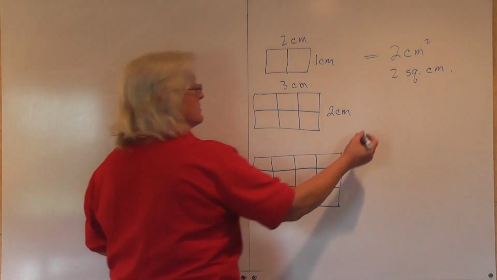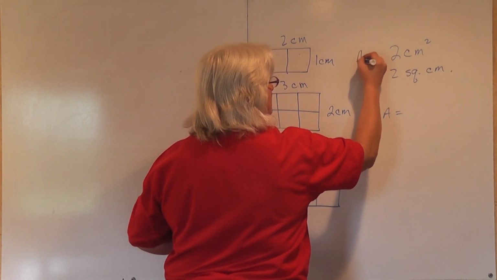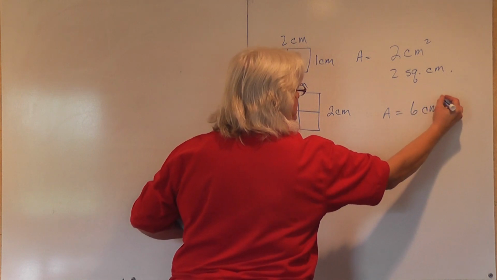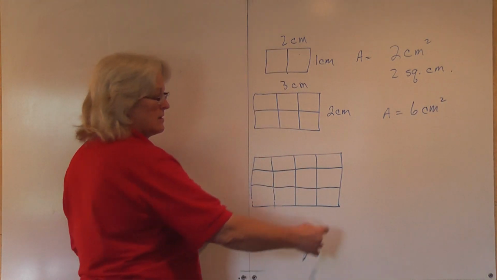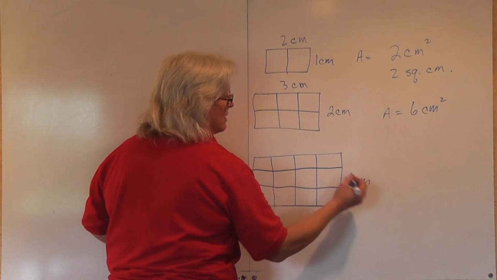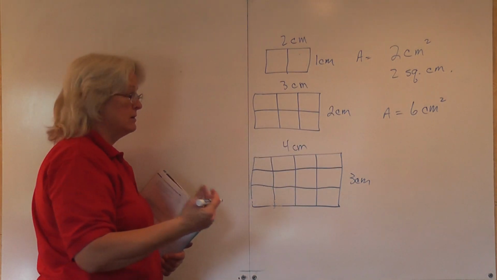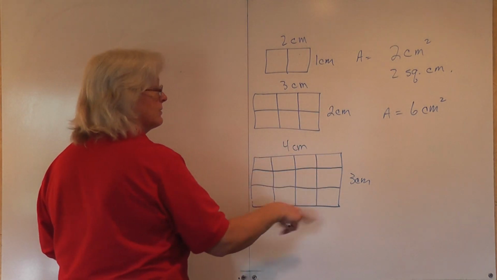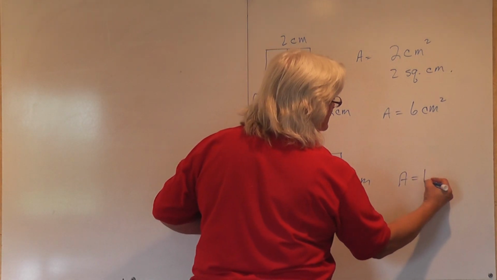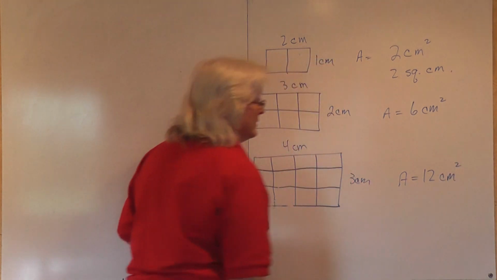I have 6, so the area is equal to 6 square centimeters. Right here, 1, 2, 3, this is 3 centimeters of width, 4 centimeters of length. And how many tiles do I have here? Well, we know that we have 12. So the area of this larger rectangle is 12 square centimeters.